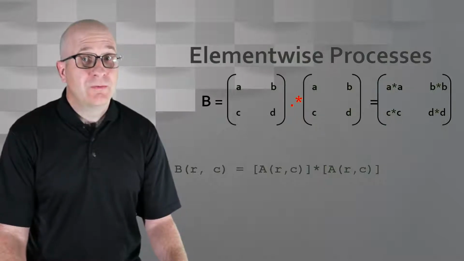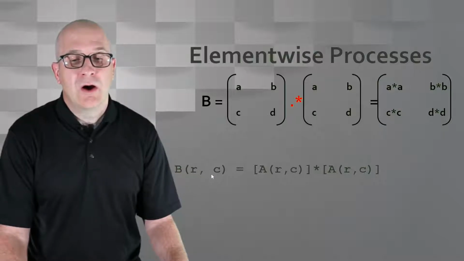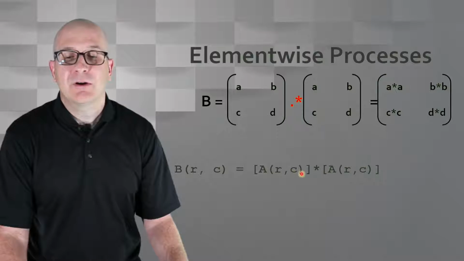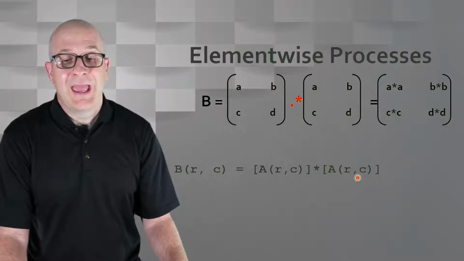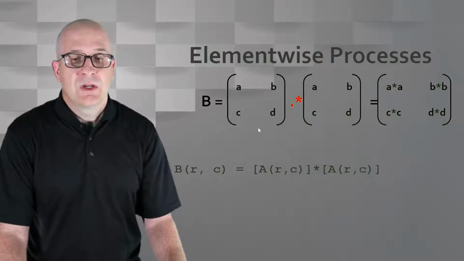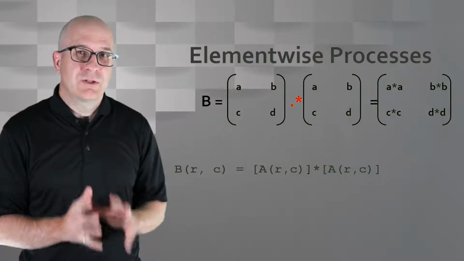The short form of this can be written as the B row column entry is going to equal the A row column entry multiplied by the second matrix, in this case also A, so A row column entry. So at this point, we've got two different versions of multiply.